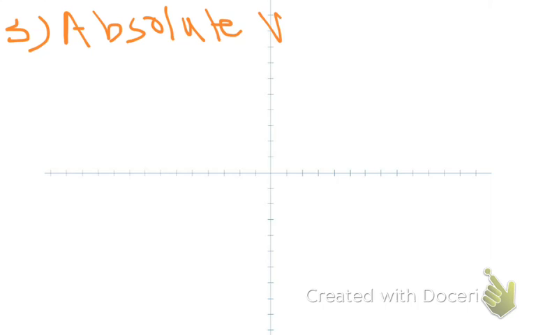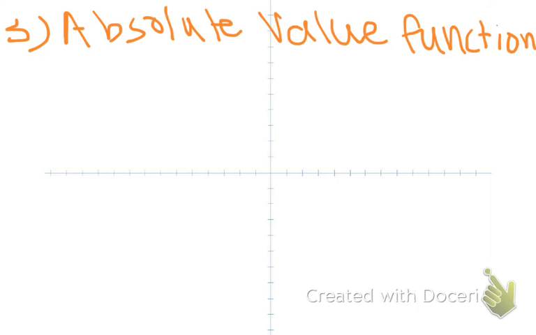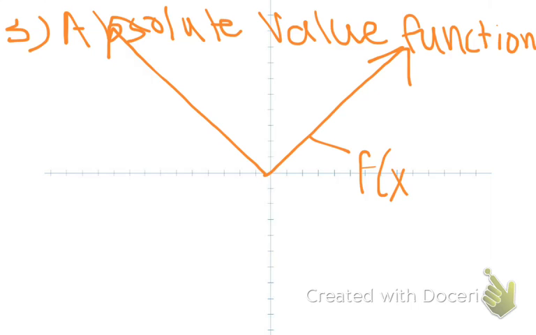Okay, so the third one is the absolute value function. And this function can be drawn like that, and it is written as f of x equals the absolute value of x.